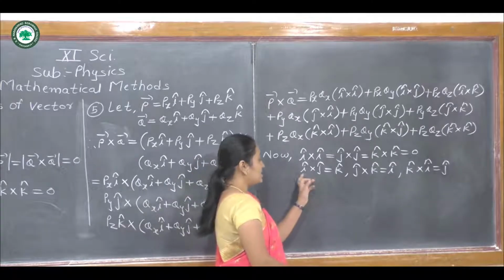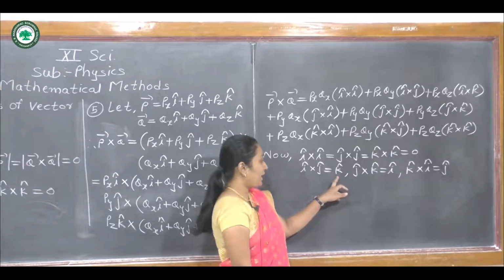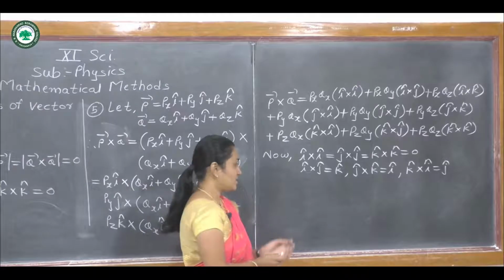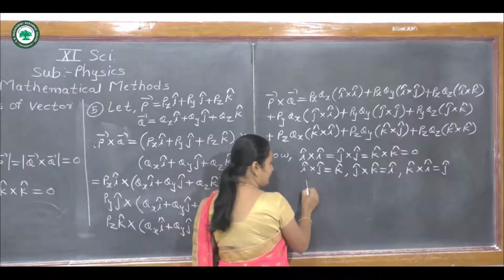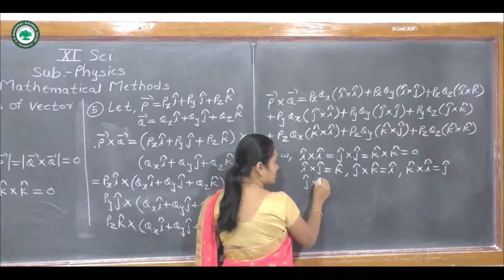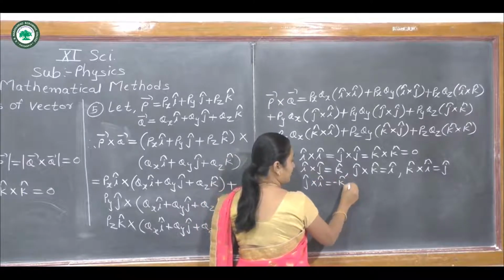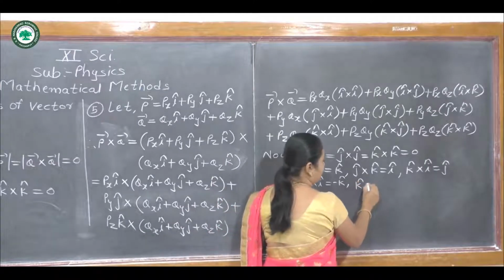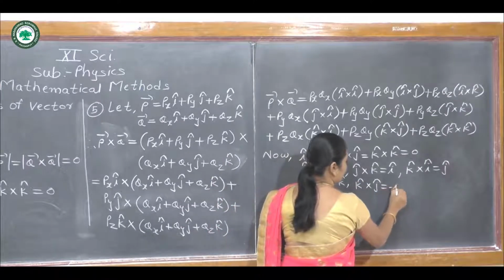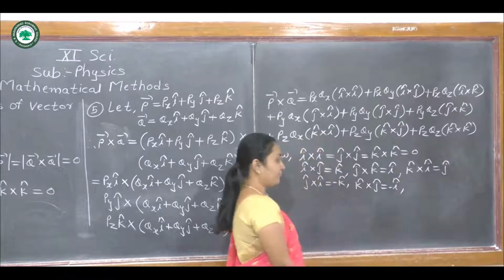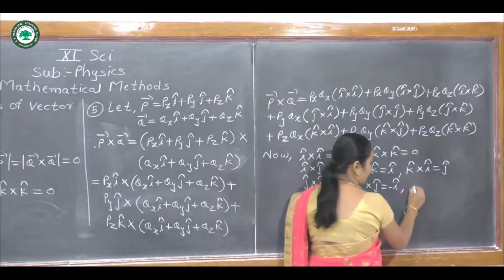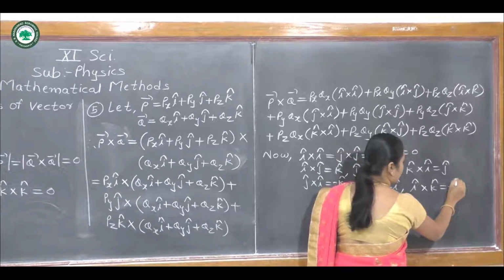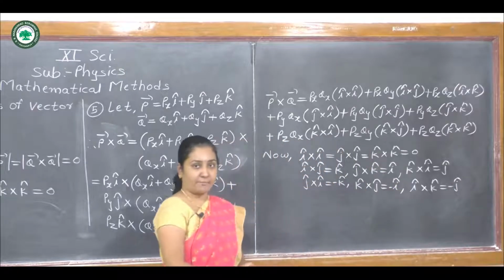Similarly, if we interchange this order, we get the minus of the third vector. That is, if we change the direction, then j cap cross i cap is minus k cap, k cap cross j cap is equal to minus i cap, and i cap cross k cap is equal to minus j cap.